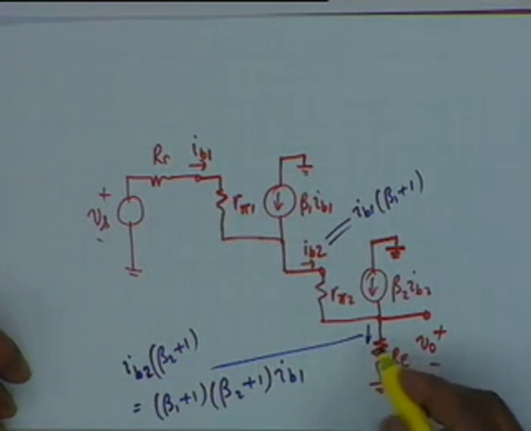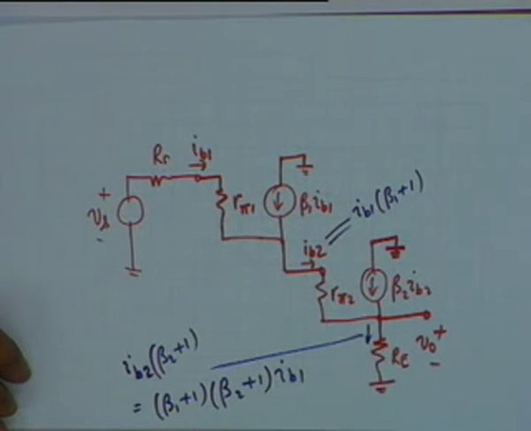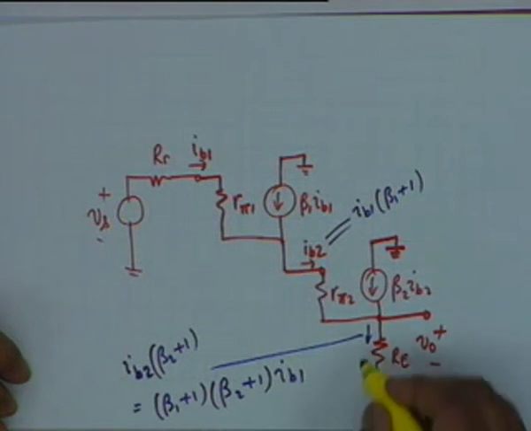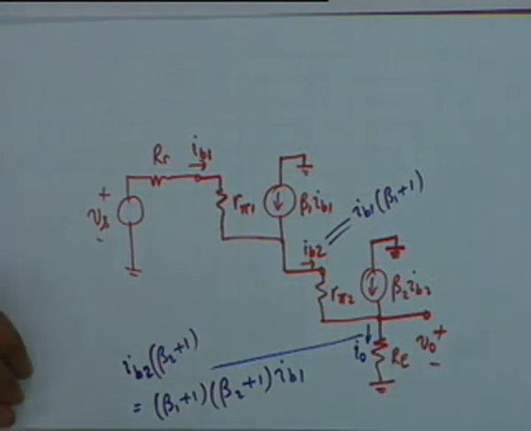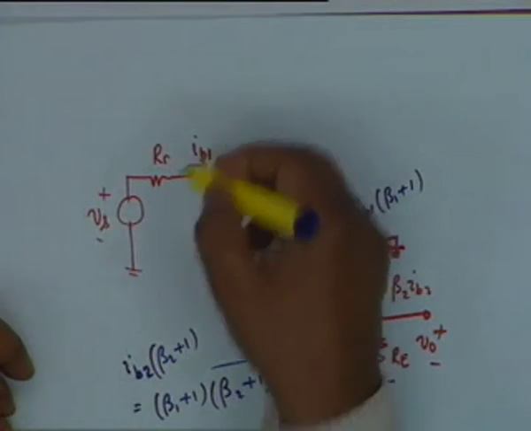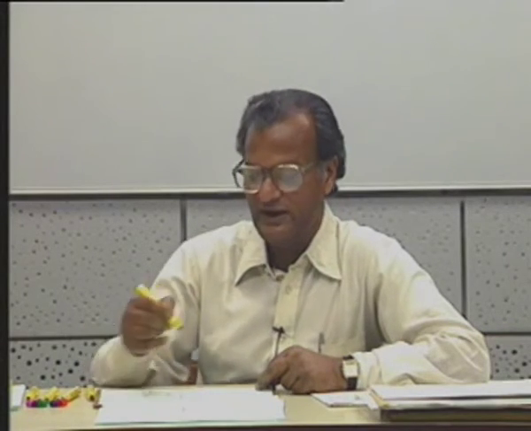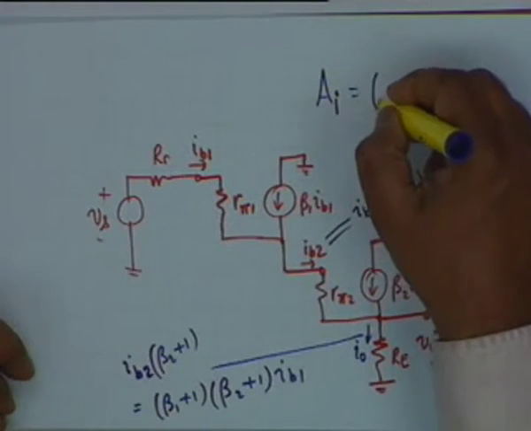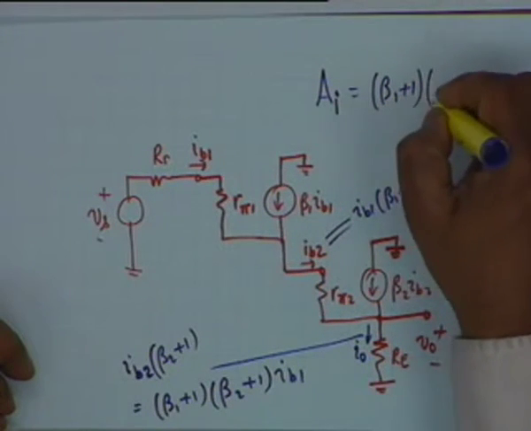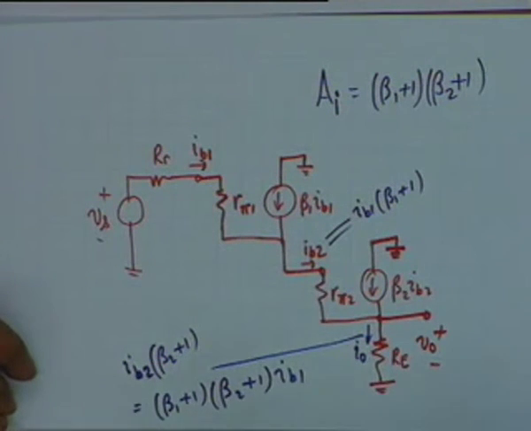This current is this current generator plus the current here. So indeed, if I call this current I0, the current through the load, then I0 and the current through the source is IB1, and therefore the current amplification AI is simply equal to beta 1 plus 1 times beta 2 plus 1, as we had indicated from common sense.